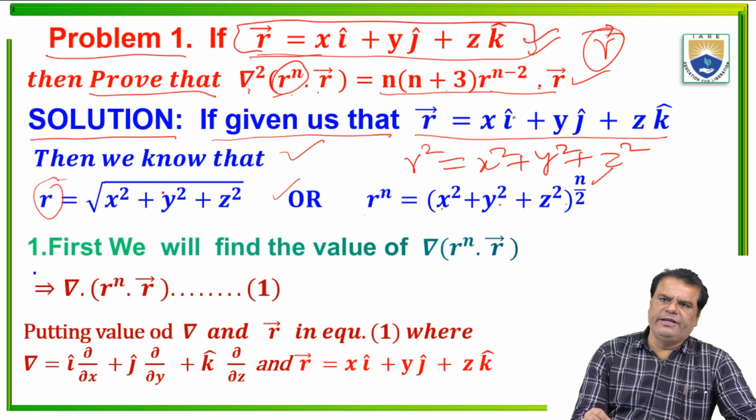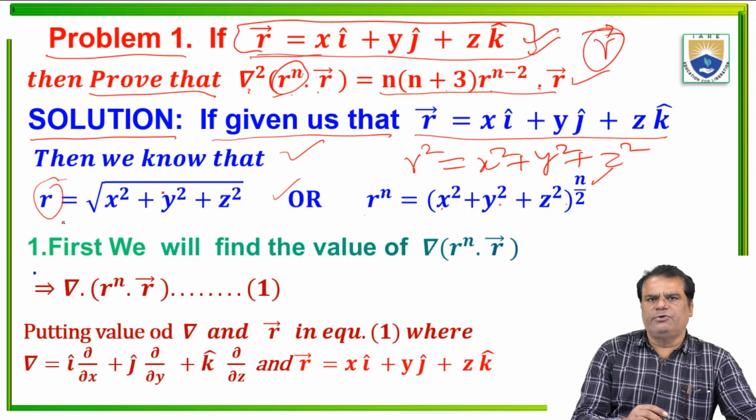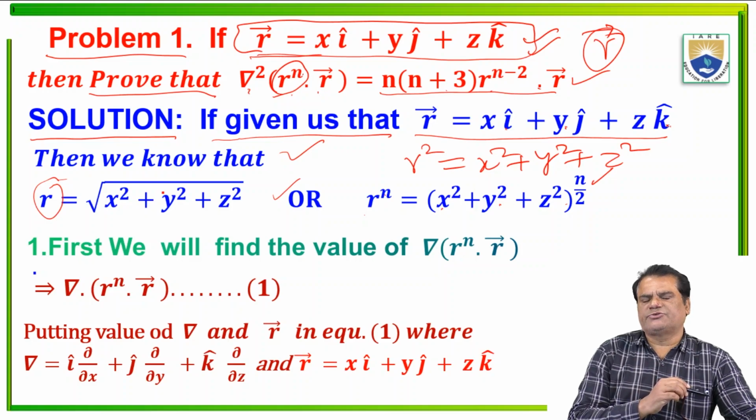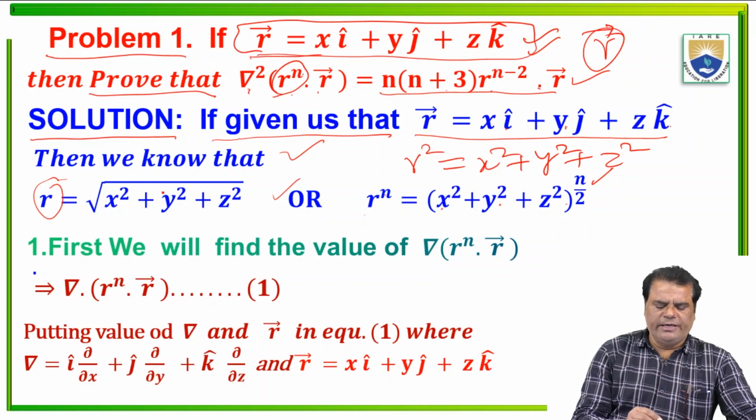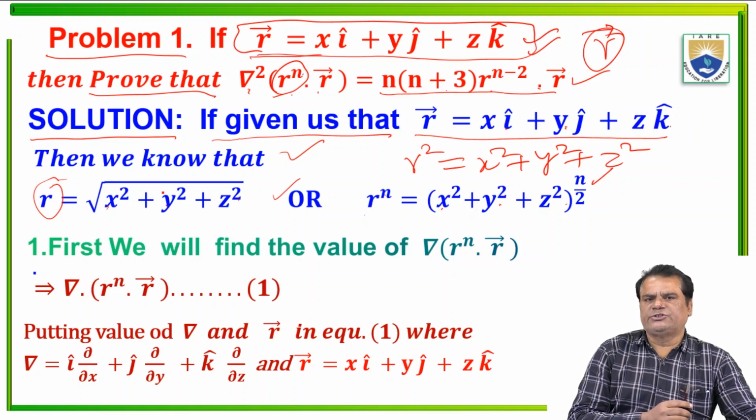If vector r is given here, we take the mod of this vector. The modulus of a vector means mod of r, and mod of r means scalar r. Scalar r equals the square root of the square of the coefficient of i, plus the square of the coefficient of j, plus the square of the coefficient of k. So r equals the square root of x square plus y square plus z square.